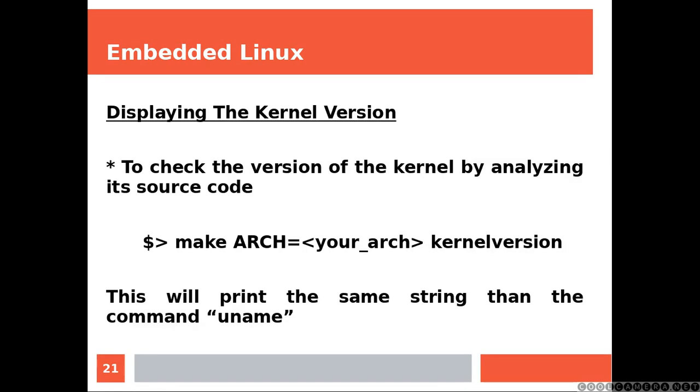Okay, displaying the kernel version. To check the version of the kernel by analyzing its source code, so basically the code you just downloaded, you can use this line over here. Now this will print the same string as uname, right? The Linux command.